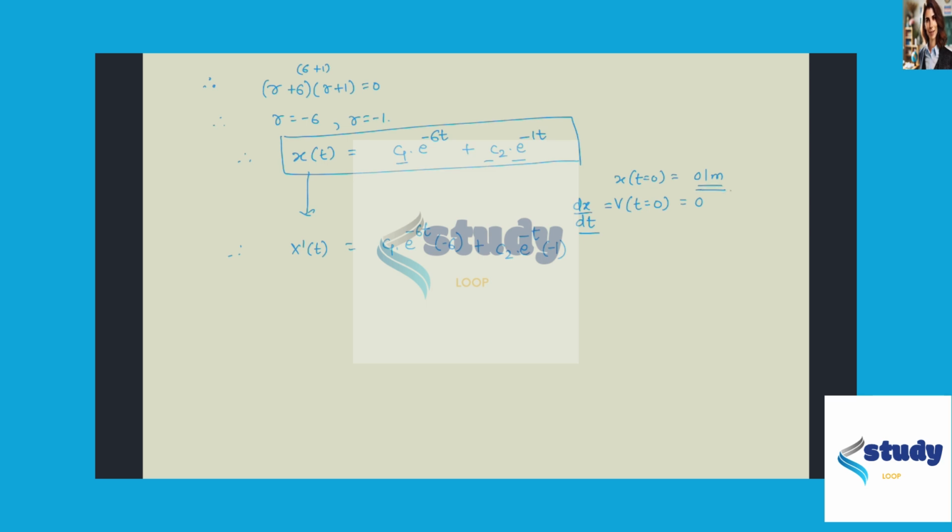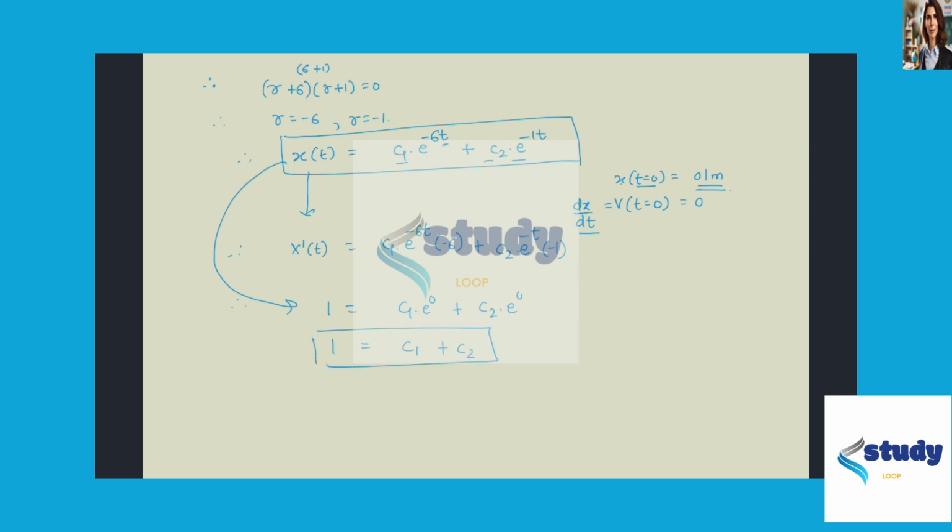First one, at t equals 0, x is 1 meter, so c1 e raised to 0, since 0 times 6 is 0, and c2 e raised to 0. So we get 1 is c1 plus c2.